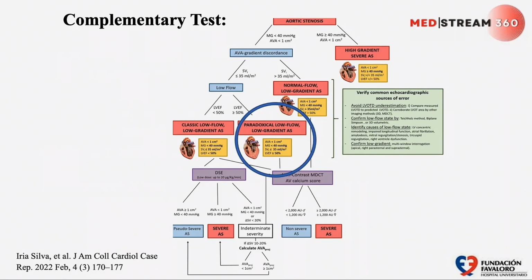So in a way, she can be categorized as a severe aortic stenosis with a low flow and low gradient according to this echocardiographic and CT scan evaluation done before this procedure.